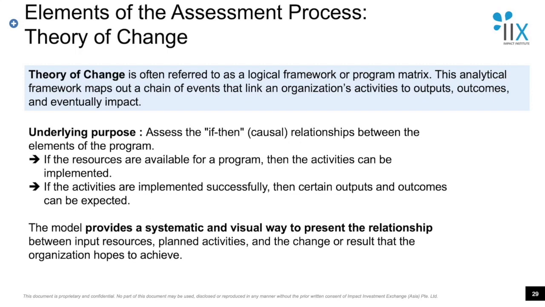So it really is a way, as you saw in the impact value chain, of looking at that in a more qualitative way, with a big focus on the activities and jumping into the outputs. Unfortunately, a lot of times with theory of change, outputs are mistaken for outcomes.